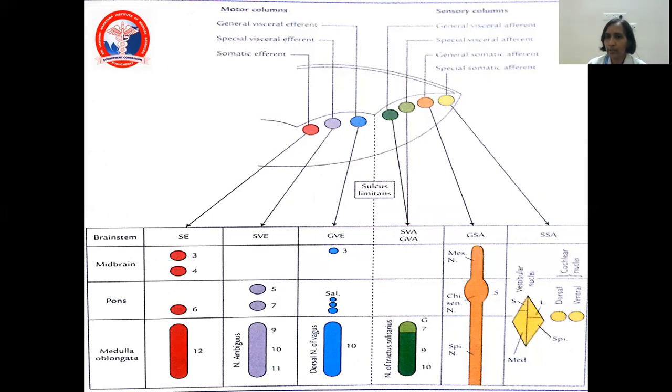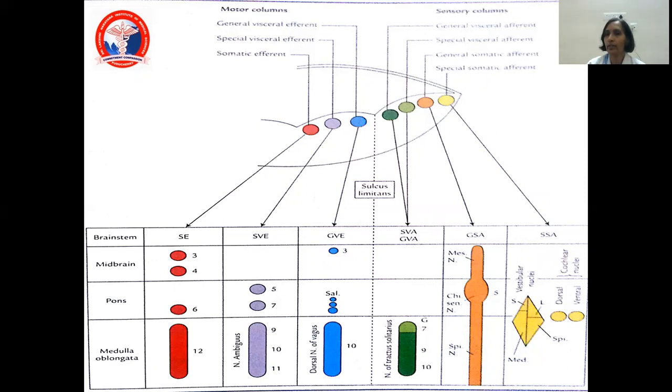The next component is general somatic afferent, for the structures arising from the body wall. These sensations of touch, pain, temperature, and proprioception of muscle are carried to the mesencephalic nucleus, the principal sensory nucleus, and the spinal nucleus of the trigeminal.